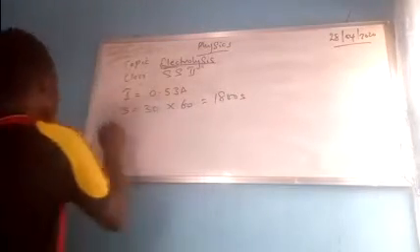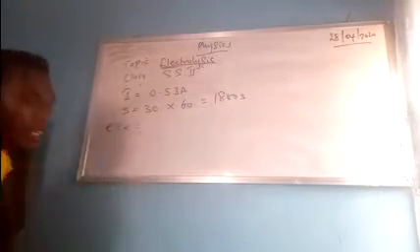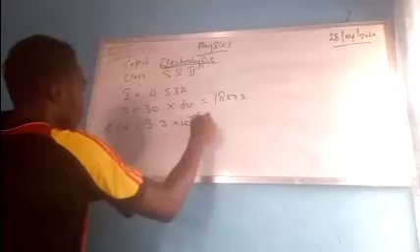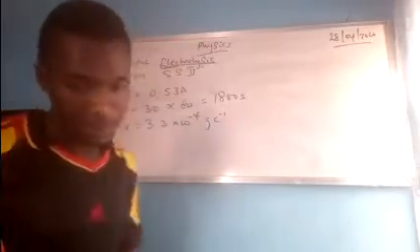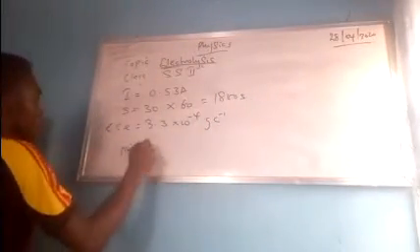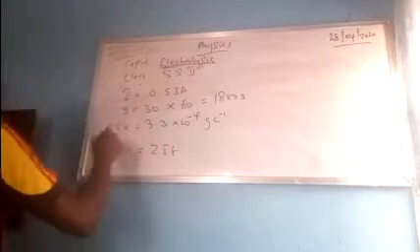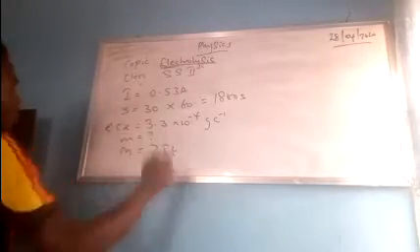Our ECE, which is our electrochemical equivalent, was given to us as 3.3 times 10 to the power of minus 4 grams per coulomb. And by formula, we know that M is equal to ZIT. We are asked to calculate the mass, so M is unknown.